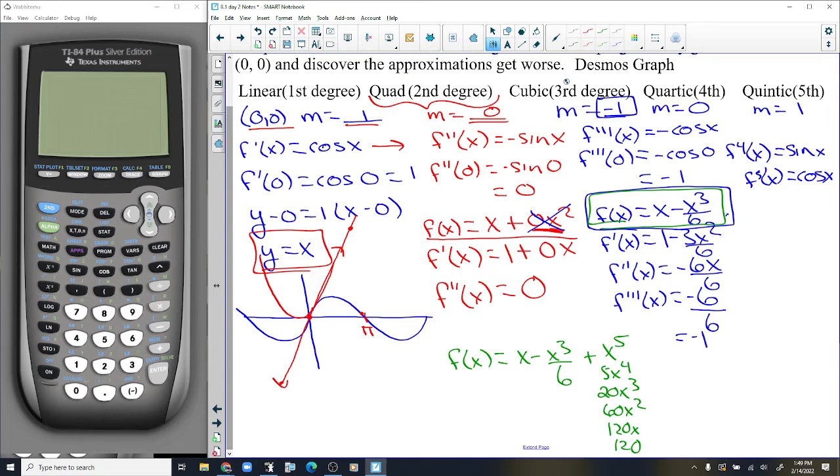Do you see that as you take the derivative? What is that? Factorial, isn't it? So I got to divide. I'm going to erase this. If you left room, you don't have to. I need to divide by 5 factorial. And here I'm going to let you in on a little secret. We're dividing by 6, yes, but we're really dividing by 3 factorial.